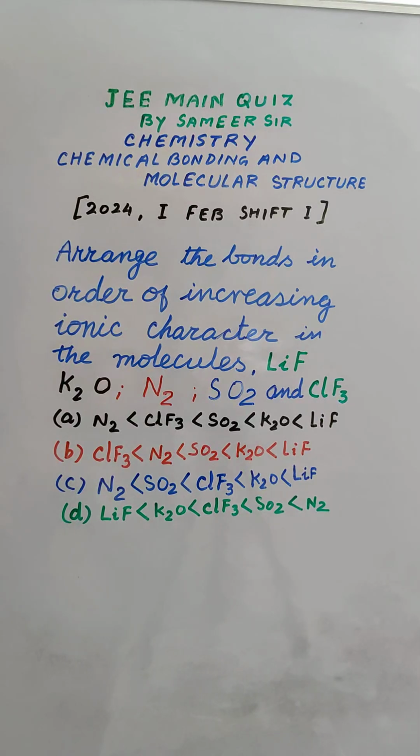LiF is the most ionic in character. This way option C is correct, as I told you. The ionic character in a molecule is dependent upon the electronegativity difference between the constituent atoms.